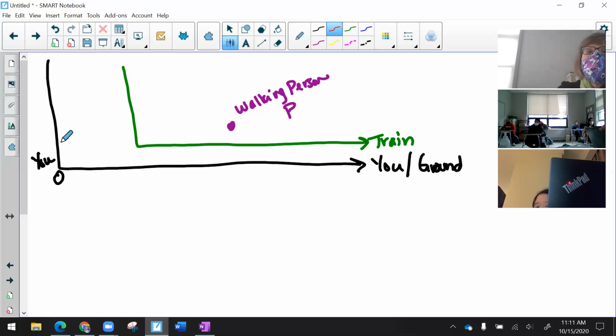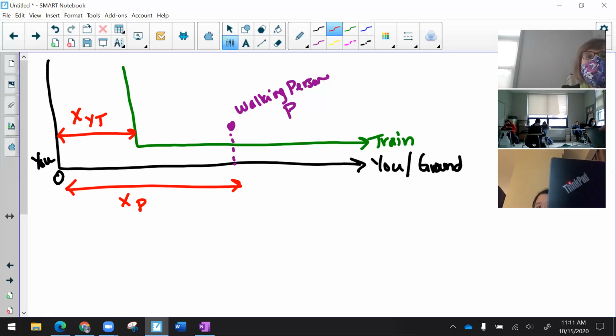So you on the ground can measure the distance between you and the back of the train. You can also measure the distance between you and the person, which is going to be the position of the person with respect to you, or with respect to the ground.